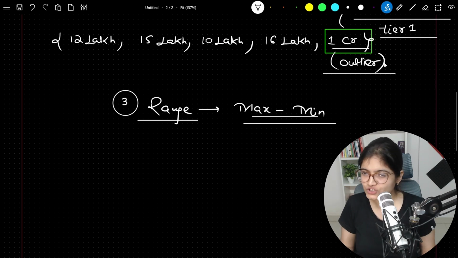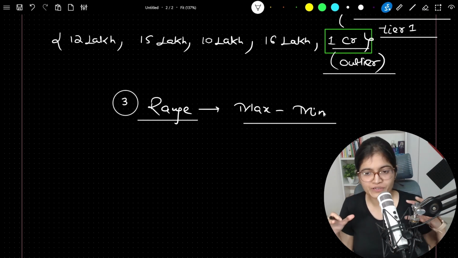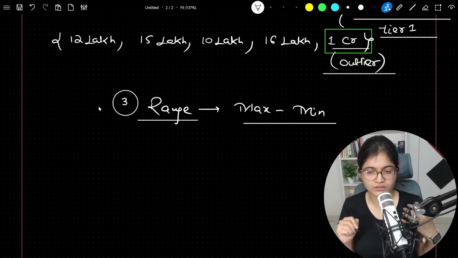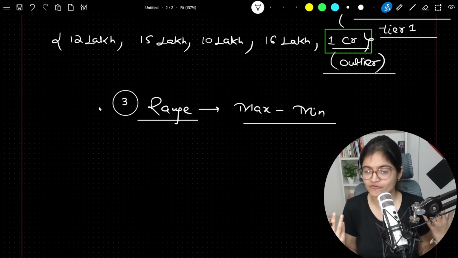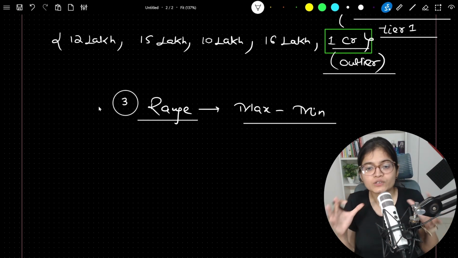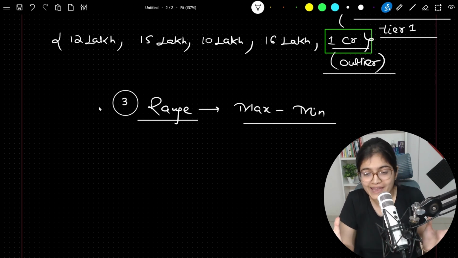Now, many people do not use this as a measure of spread. Why? Because outliers depend upon the extreme ends, and range also focuses on the extreme parameters of maxima and minima. So if outliers are available, range will always give us a wrong idea about the spread of my data, right?